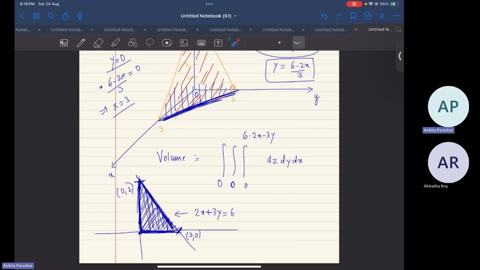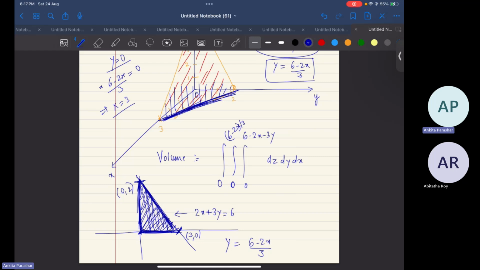Now within that region, you can partition it either as type 1 or as type 2. It depends on you. I will write y in terms of x, with type 1 only. So y will be (6 minus 2x) by 3, so my limit is (6 minus 2x) by 3.